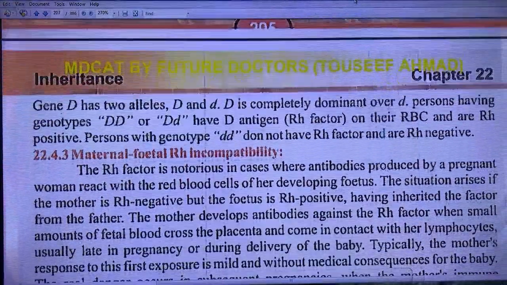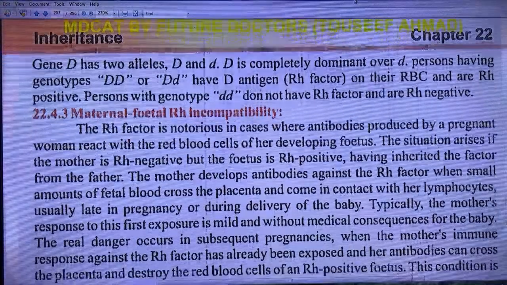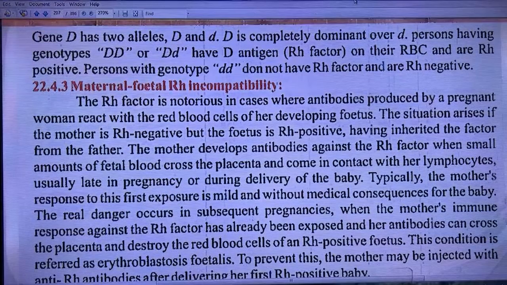Gene D has two alleles, capital D and small d. D is completely dominant over small d. A person having genotype DD or Dd has D antigen, the Rh factor, on their RBC and is Rh positive. A person with genotype dd does not have the Rh factor and is Rh negative.